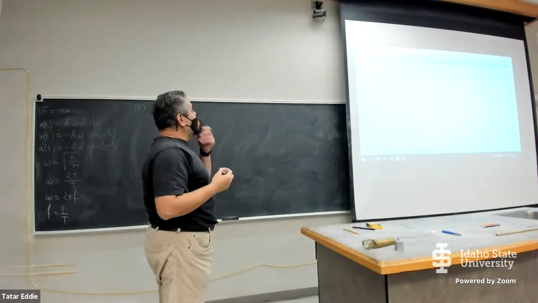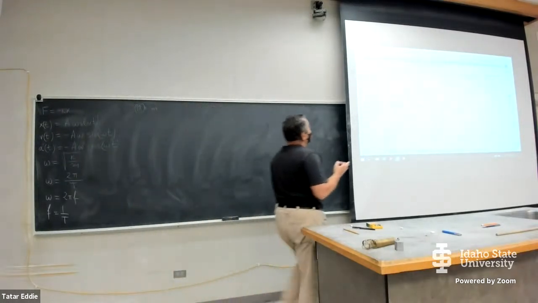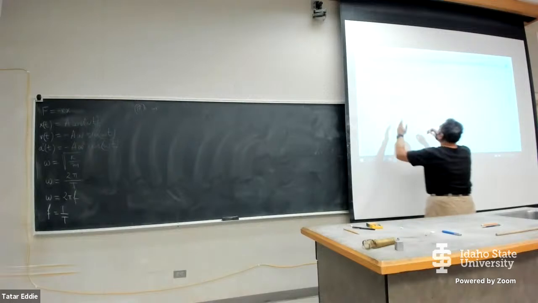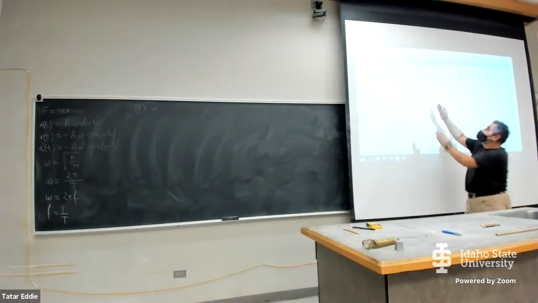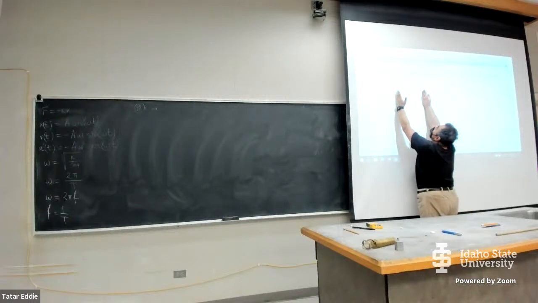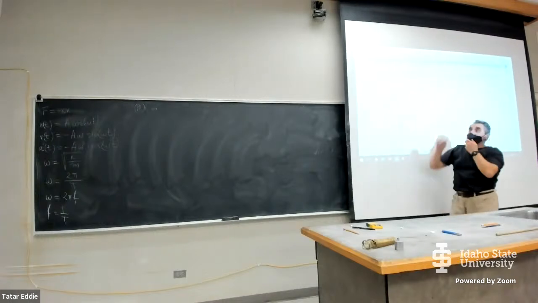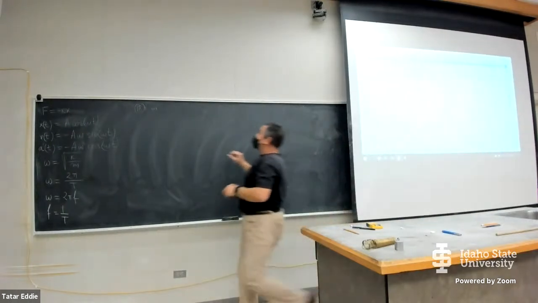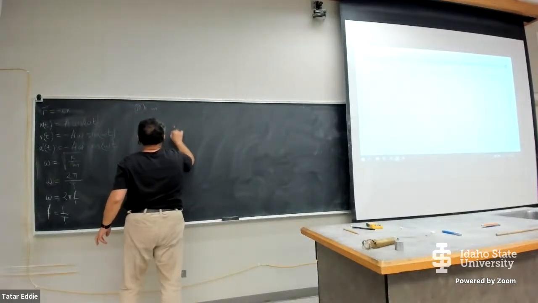Part B, angular frequency. Well, look, frequency is the inverse of the period. The period is here, the period is this number of seconds. This time interval is the period. So you say the period, for my version, is 4 seconds.